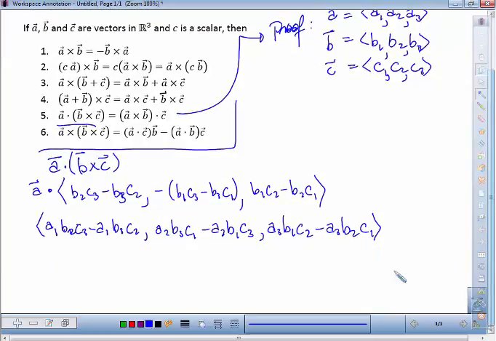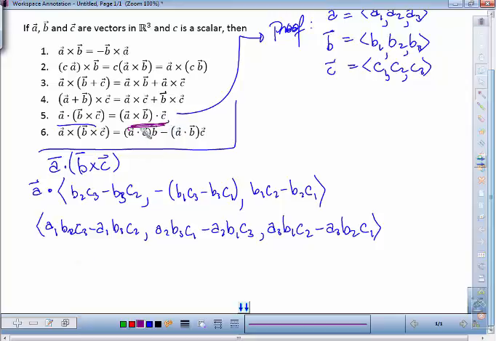Okay, so that's half of it. Now, if you can work backwards, that would be great. From here, if you can peel out the A cross B, and then factor out the C3 and stuff, that would be a cool thing to be able to do. But what we're going to do instead is we're going to start here now, and then we're going to try to set them equal to each other.